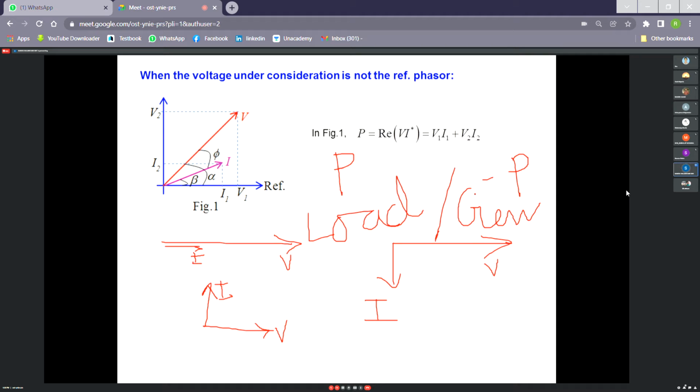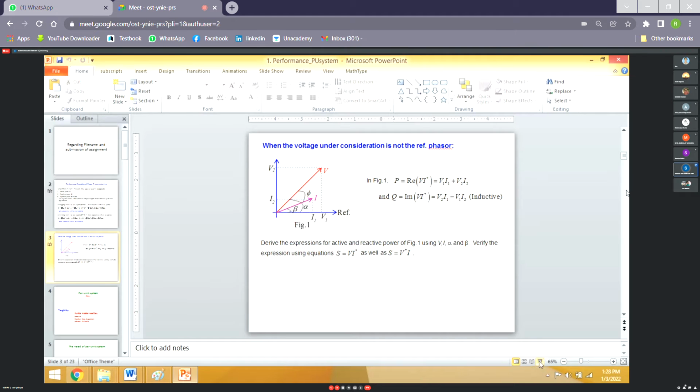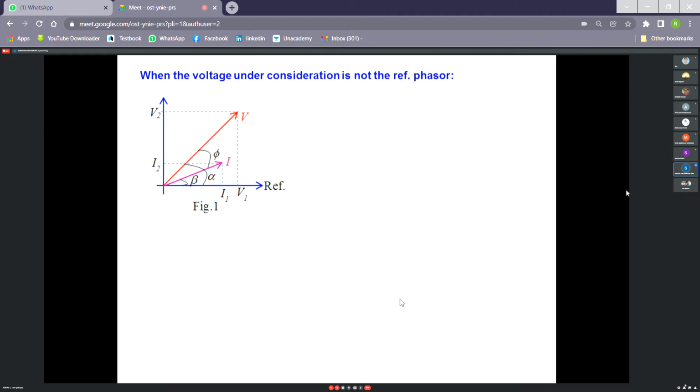Otherwise, if you take generator as positive, then you have to take load as negative. Whatever convention I am saying is applicable to load as well as generation, but the sense will be negative. So leave the generator now, it will be rather confusing for you. Let's just stick to load.